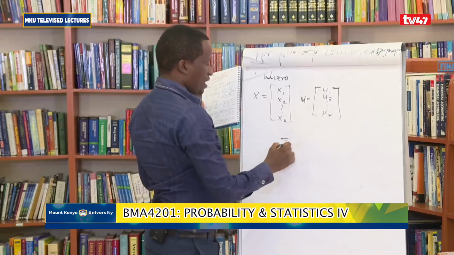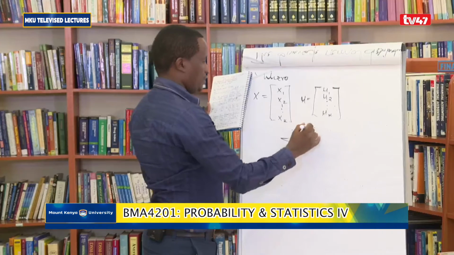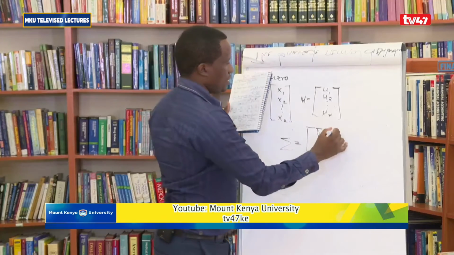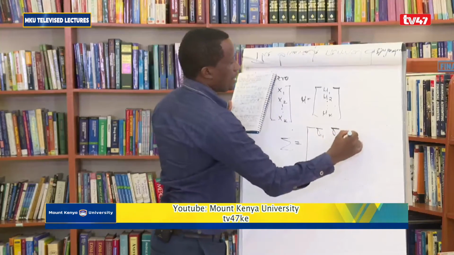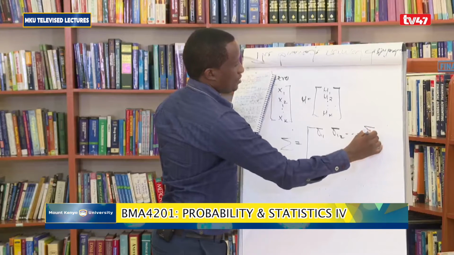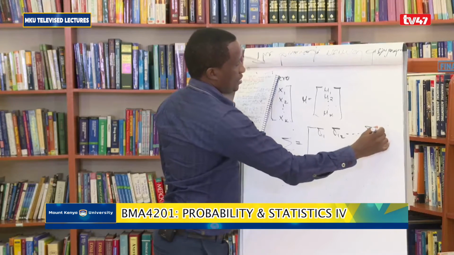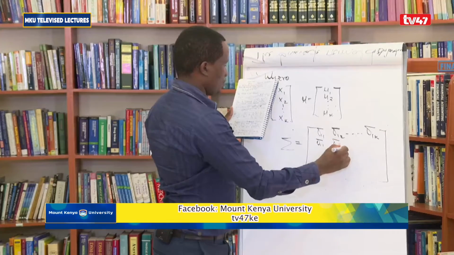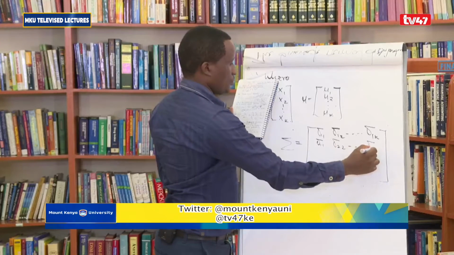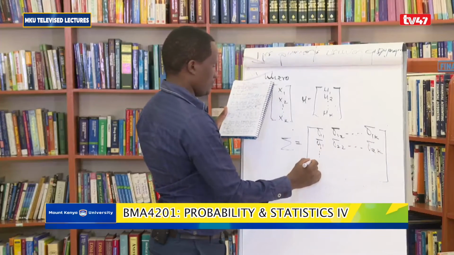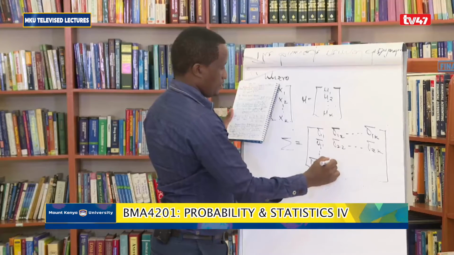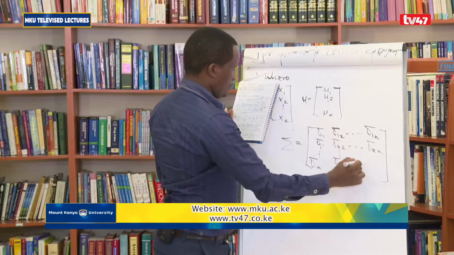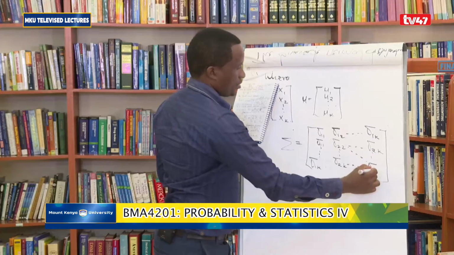And then the variance covariance matrix is defined as sigma 1,1, which is the variance of the first, then the covariance between the first and the second, and that would continue up to the covariance between the first and the last variable. And then this continues, sigma 1,1, sigma 2,2, all the way to sigma 2k. This continues down to sigma 1k, sigma 2k, then goes all the way to sigma kk.